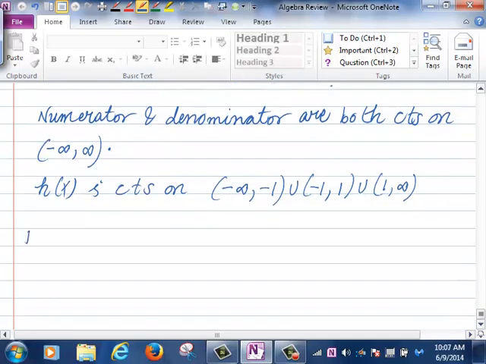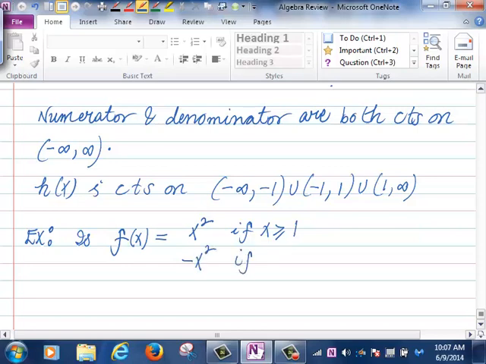Next example. Is f of x equal to x squared if x is larger than 1, and negative x squared if x is less than 1?